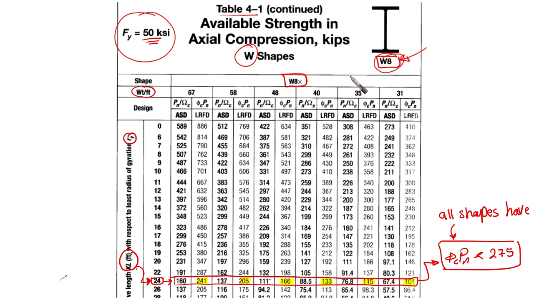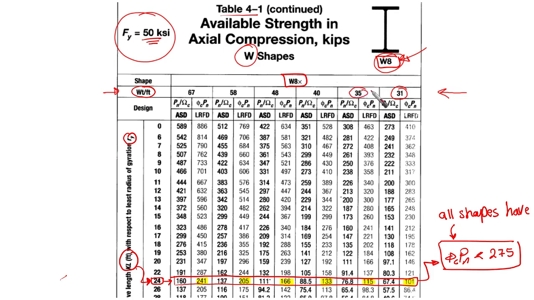Then we are going to check, as we said, the lightest one. Here it is the weight per unit length. So we are going to start going from right to left in the table. Open the table. Now you're going to find that it is 31 here on the most right.